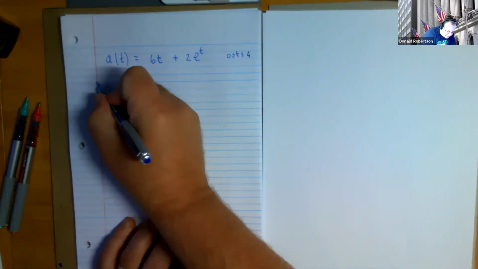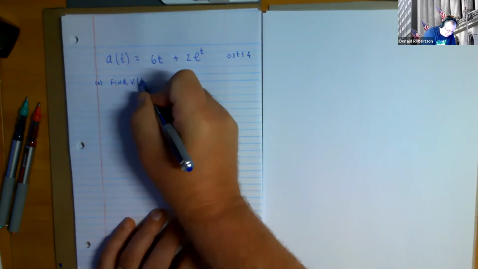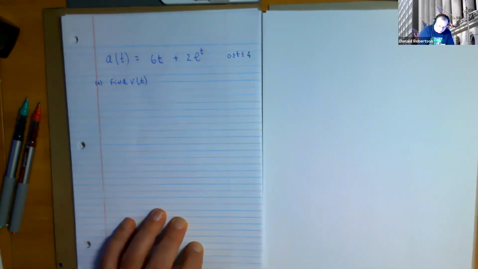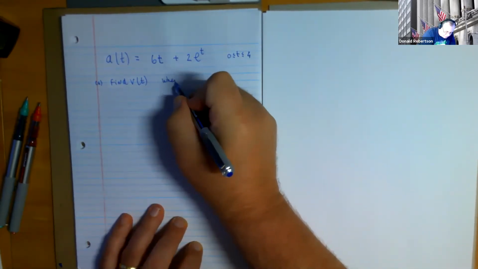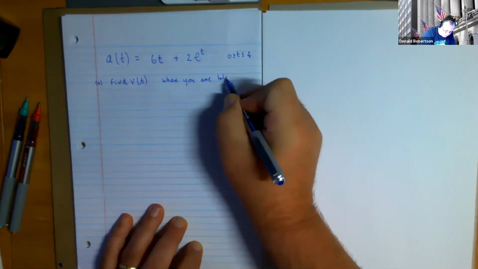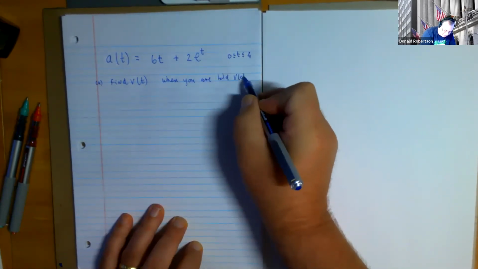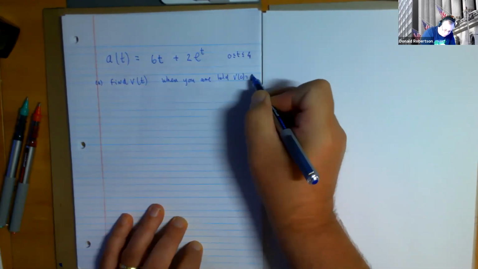We are then going to be asked to find the velocity of the function at any given t, when you are told that the velocity at time 0 was 2.